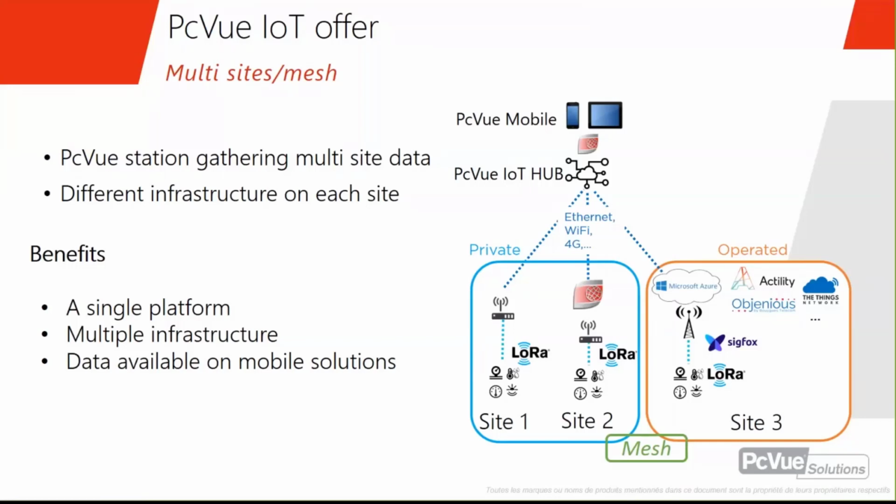So if you use the PcVue platform, it's not just the PcVue IoT Hub that you can use, but also everything else coming with PcVue, and so the possibility to connect any other devices, to have the HMI to monitor and control your devices, and also all the mobile solutions that we have on mobile app and web. So this is a very important point to mention.